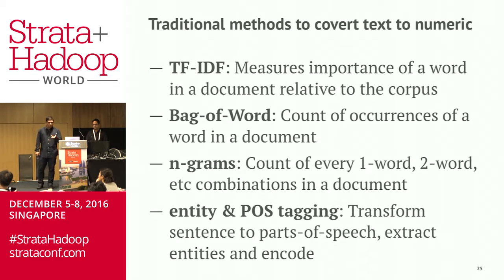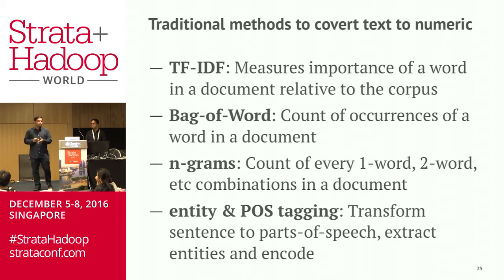In the traditional method of statistical learning, we would probably end up doing four of these approaches. We do a TF-IDF to find the importance of a word in the corpus, where the document here is a tweet. We'd probably do a bag of words to count the occurrence of a word in a document.